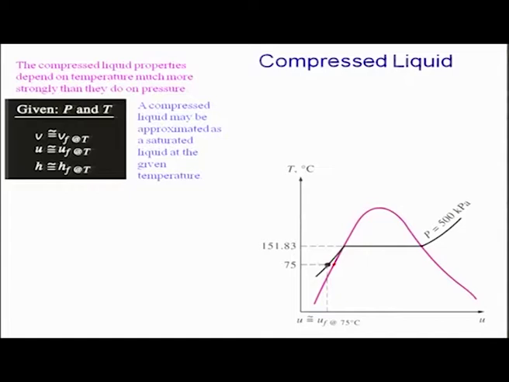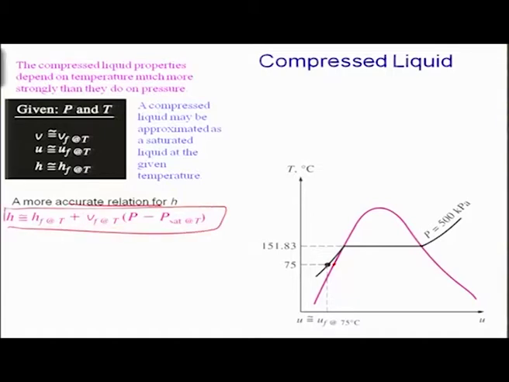Usually we approximate, because the compressed liquid properties depend on temperature more than on pressure. So the pressure variations are usually neglected, but for enthalpy, for example, the more accurate relation is given here. This is something which one can derive using thermodynamic relations, which we will do in the later part of this course.